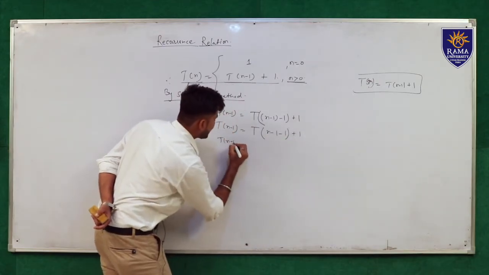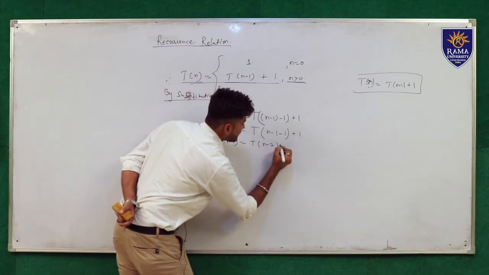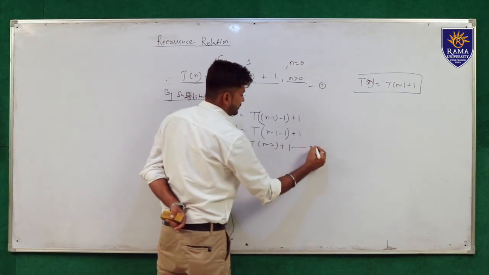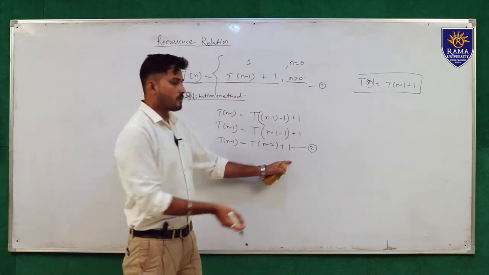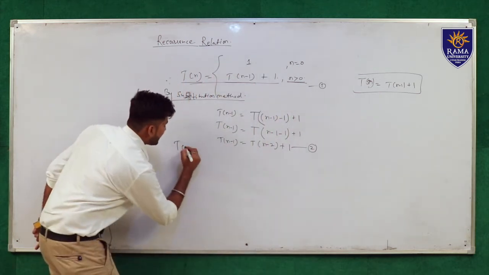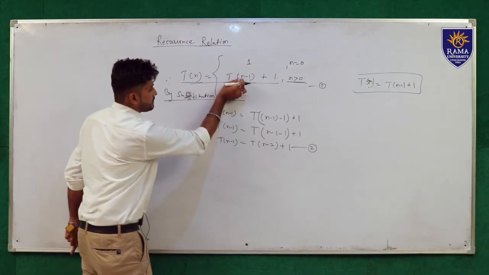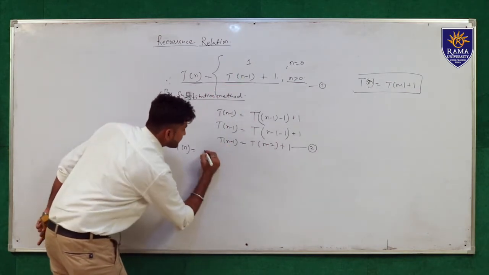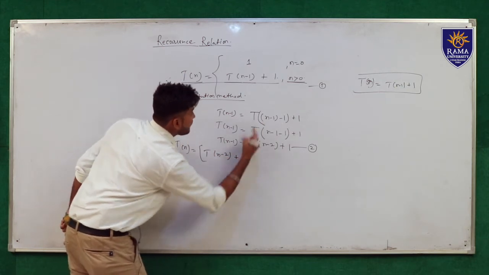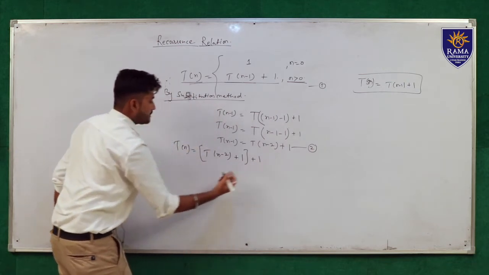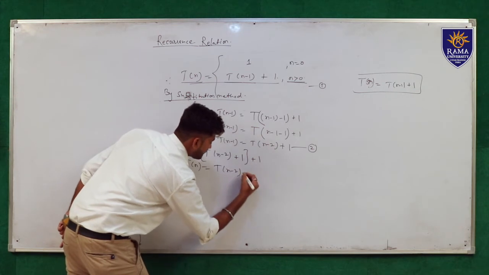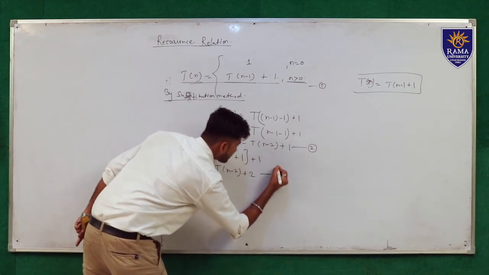This gives T(n minus 1) equal to T(n minus 2) plus 1. This is equation number 1 and this is equation number 2. Substitute the value of equation number 2 in equation number 1 and we get T(n) equal to, we place T(n minus 1), which becomes T(n minus 2) plus 1, and again plus 1. Open the bracket, T(n) equal to T(n minus 2) plus 1 plus 1, which is equal to 2. This is equation number 3.